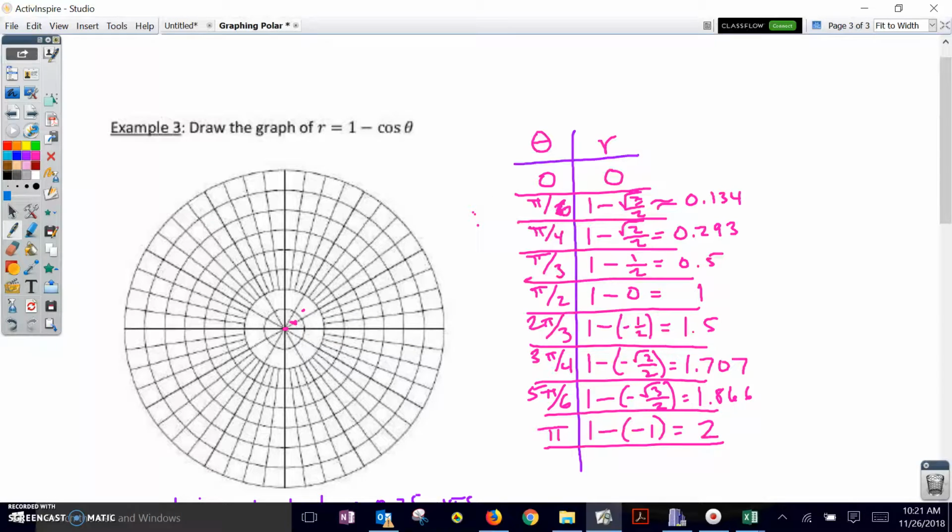At pi over 3, it's at 0.5, it'll be right there. At pi over 2, it's going to be 1. At 2 pi over 3, it's going to be 1.5. At 5 pi over 6, it's going to be 1.866.